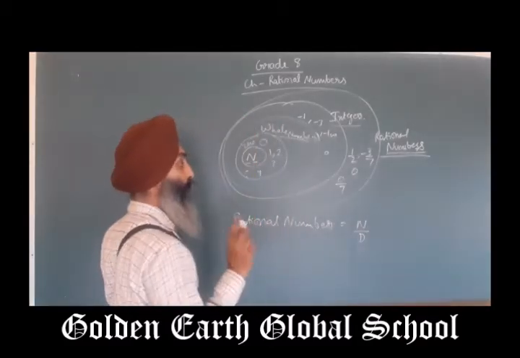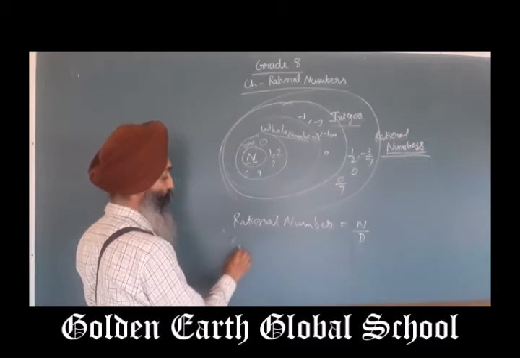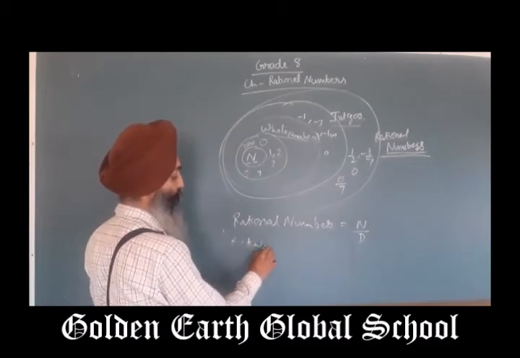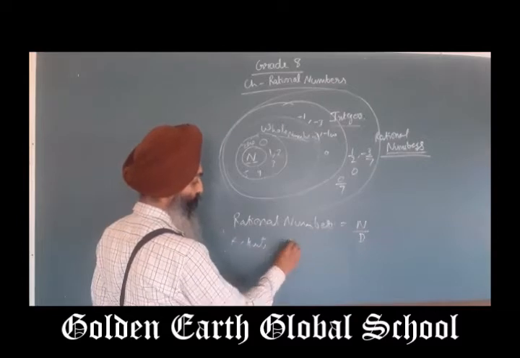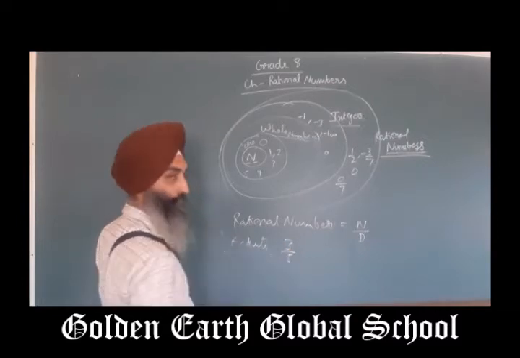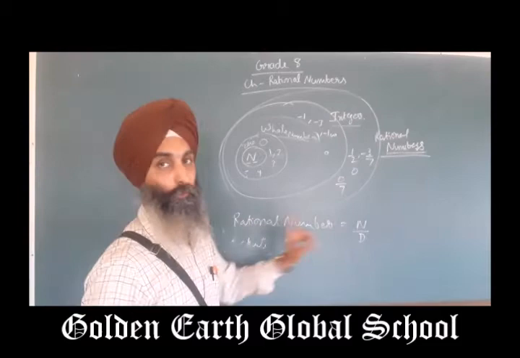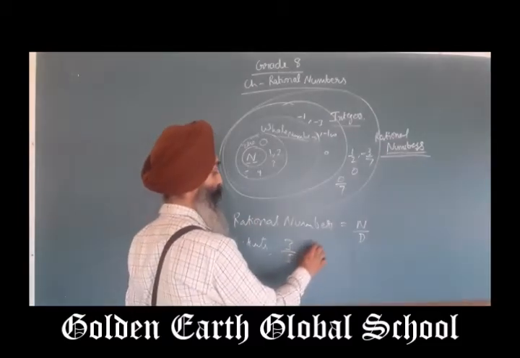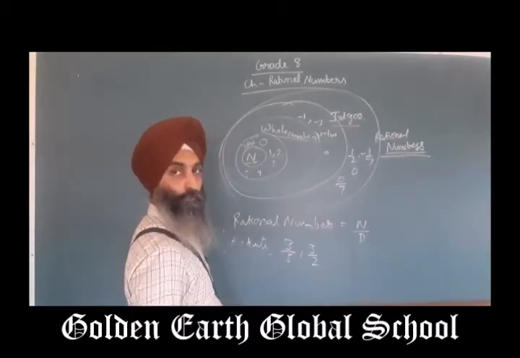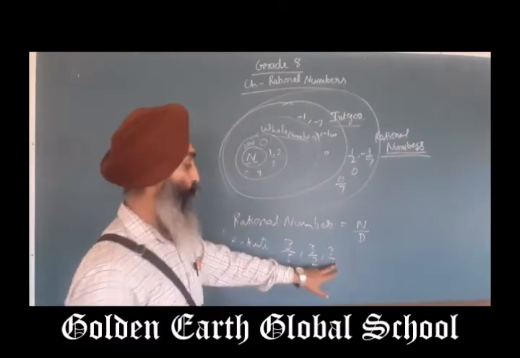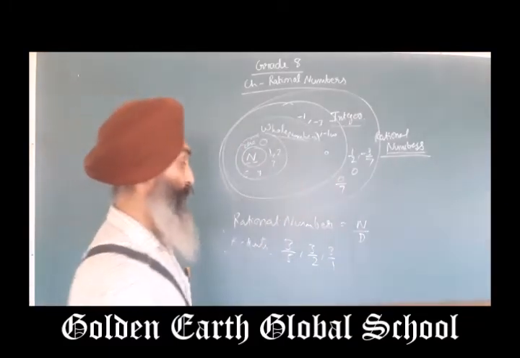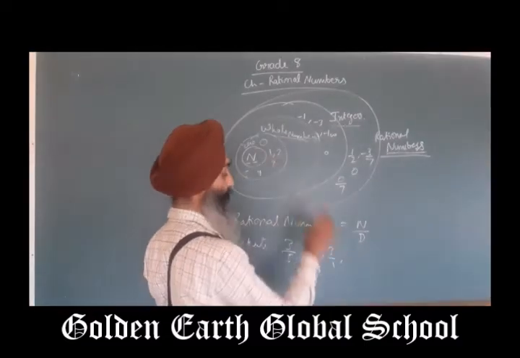Okay, now one more activity. Now tell me, 3/5 is a rational number because it is in the form of numerator and denominator. 3/2 is again a rational number. 3/1 is again a whole number as well as a rational number as well as a natural number.